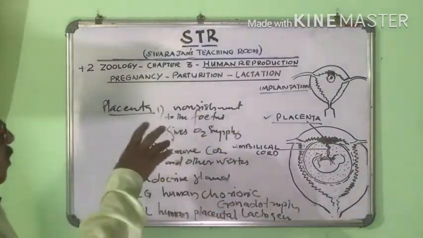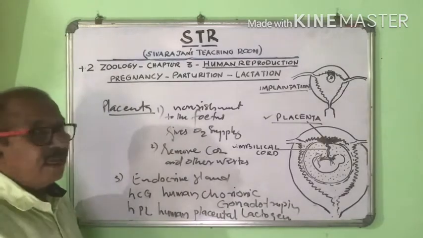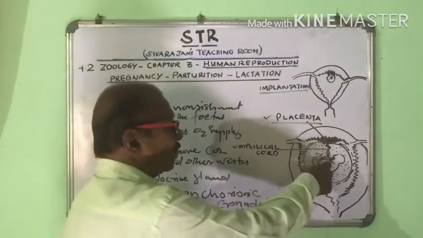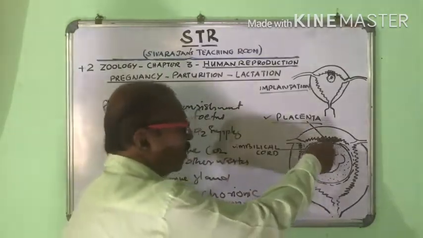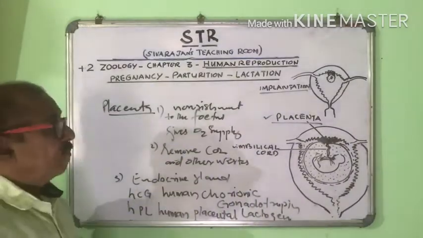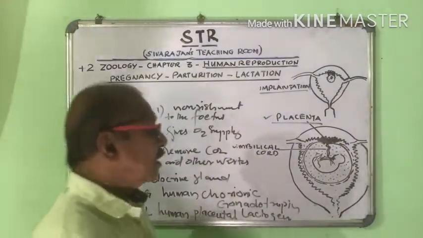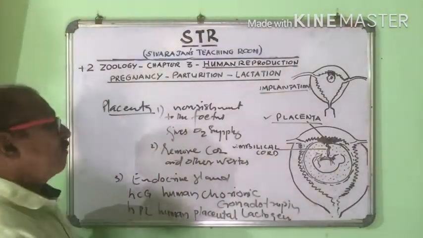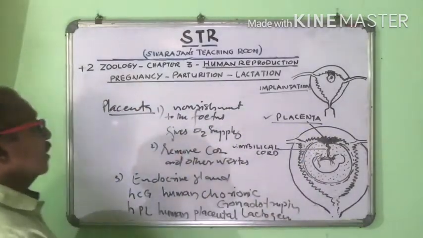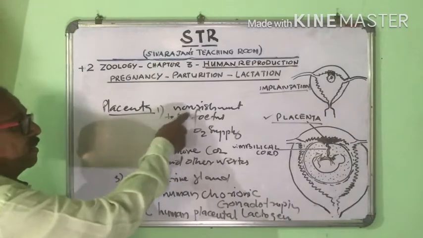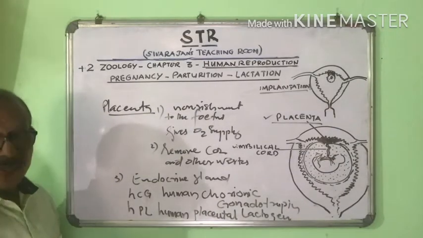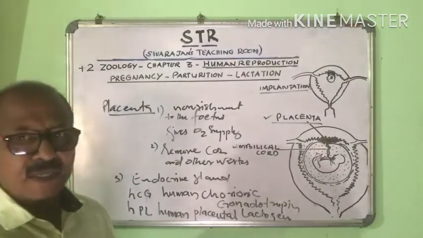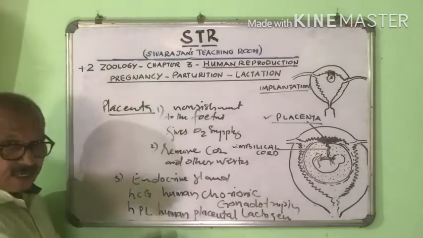See, so this is an important thing, the placenta. What is the placenta? The placenta is the physical connection between the mother's body and the fetus. How does it develop? The placenta is developed by the integration of the chorionic villi of the blastocyst with the endometrial tissue. And what are the functions? It nourishes the fetus. The growing fetus gets all the nutrients, vitamins and minerals from the mother through the placenta.